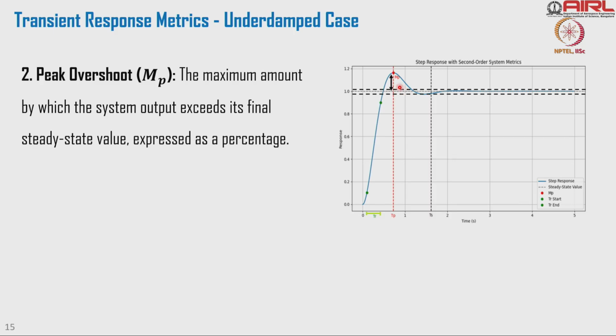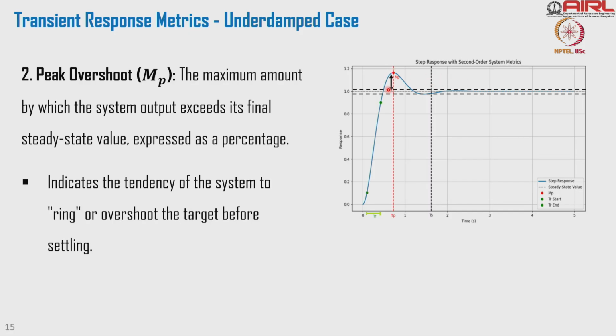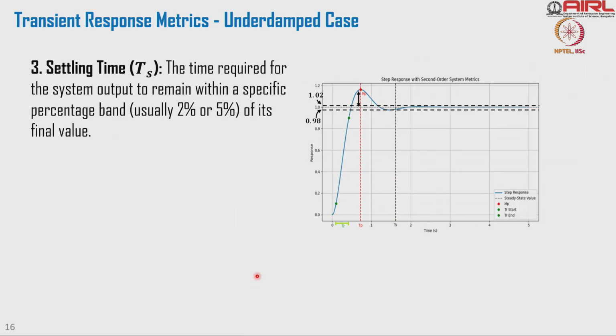If it's oscillating, subsequently this oscillation will decay, but where does the maximum overshoot take place? I need to figure it out. This overshoot indicates the tendency of the system to ring above the target setting. I need to calculate that mathematically also. So the MP is e power minus pi zeta divided by square root of 1 minus zeta square. Remember, this is true for underdamped systems only, zeta between 0 and 1.